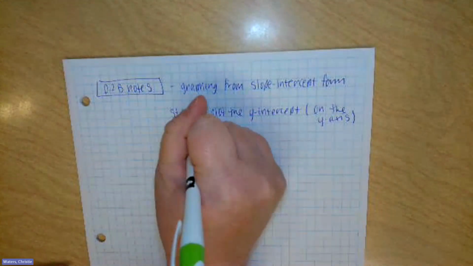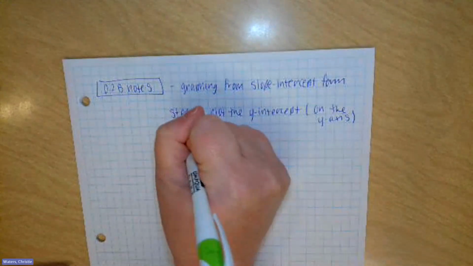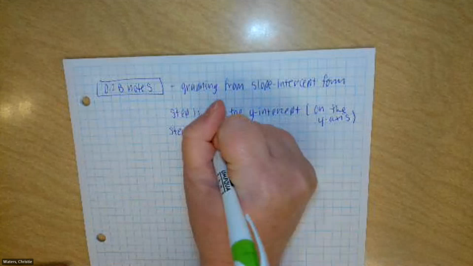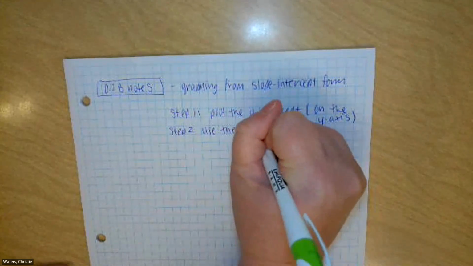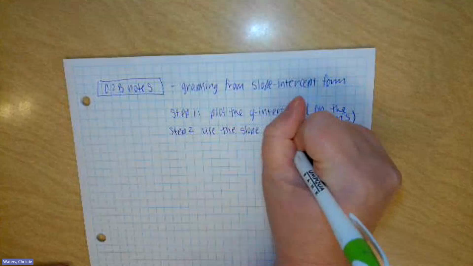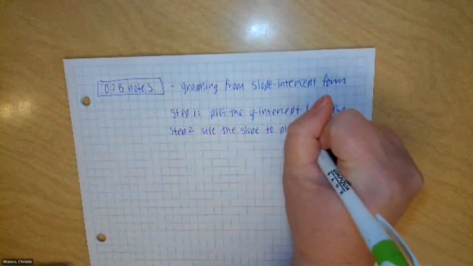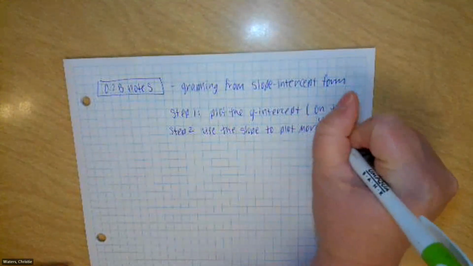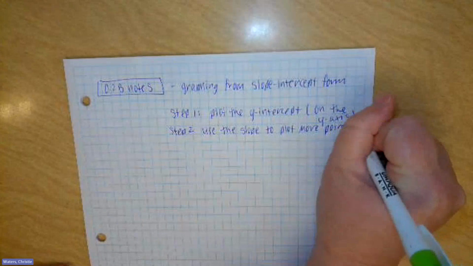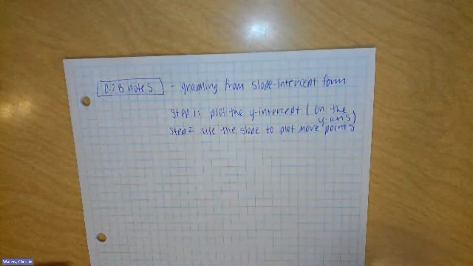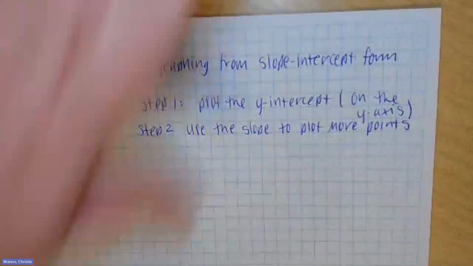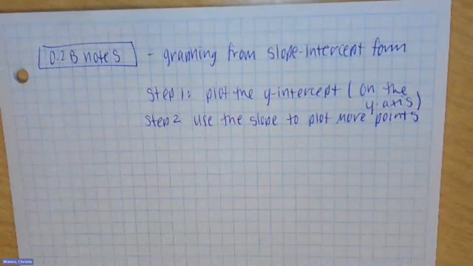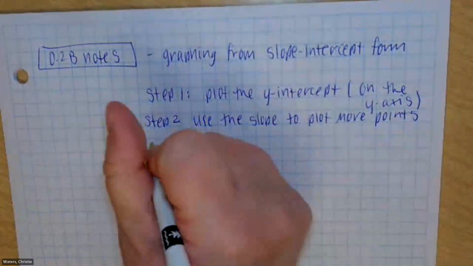Step 2, we are going to use the slope to plot more points. And there are infinitely many points on every line. So my general rule of thumb is I just want you to plot as many as you can fit in the space provided for you.